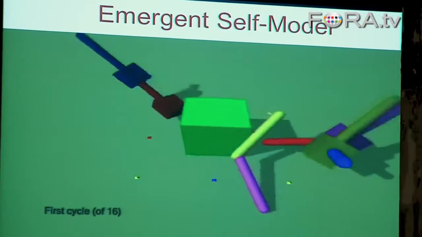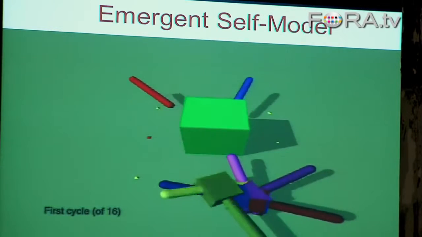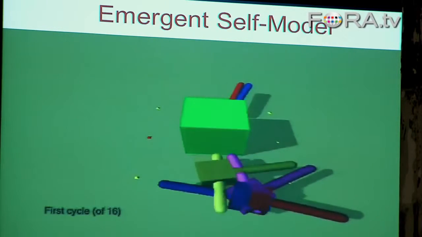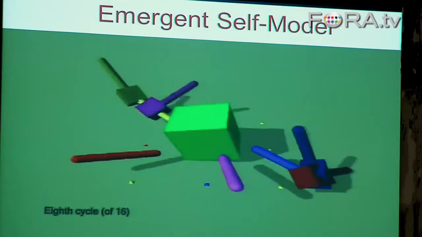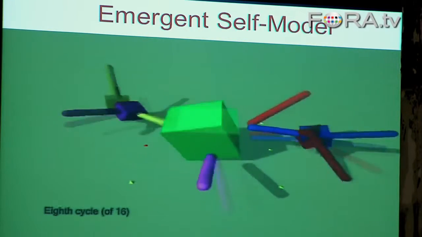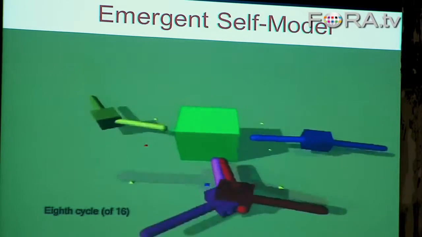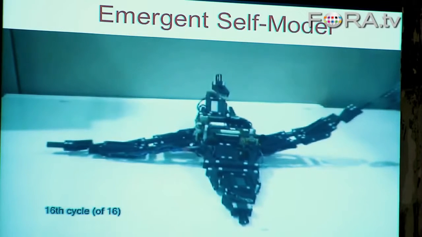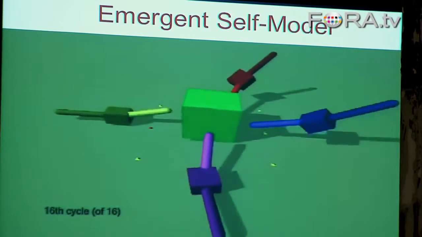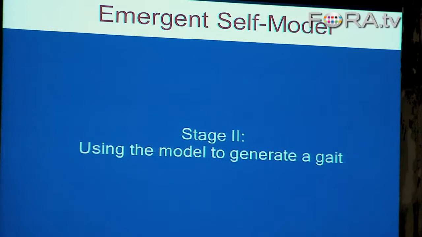And here's the robot forming hypotheses about what it is. You can see they're all wrong hypotheses, but they all make the cube tilt in the same way. So insofar as the robot knows, these are all valid hypotheses. This is the 8th out of 16 trials. It's beginning to realize that it has 4 limbs, but doesn't quite know how they're connected and where they're connected. And this is the 16th out of 16 interactions with the world, and it's pretty much figured out that it has 4 limbs.